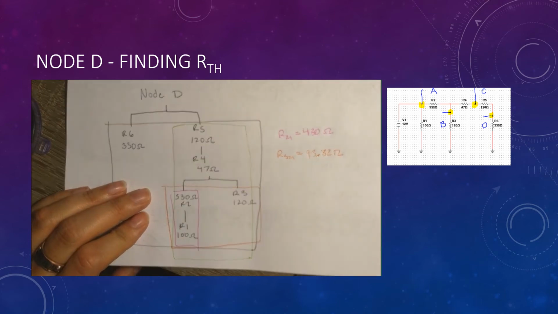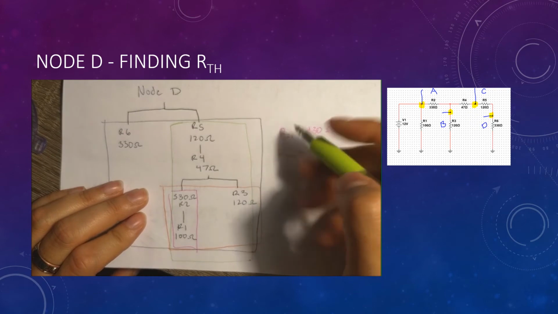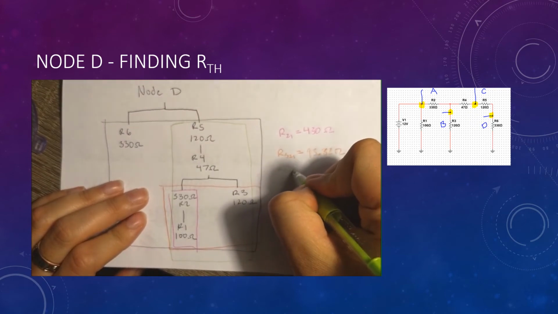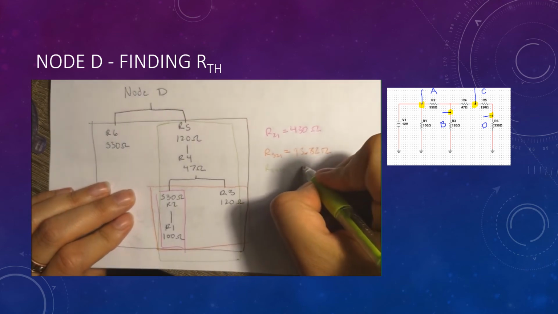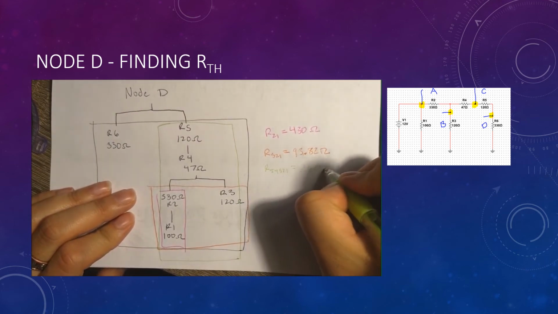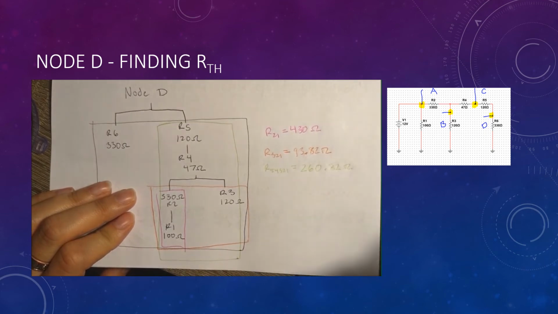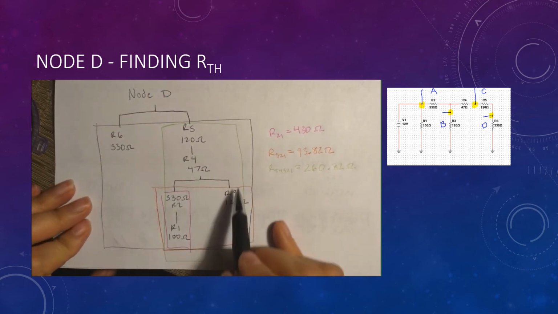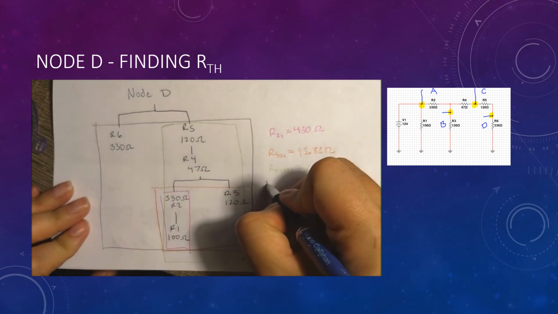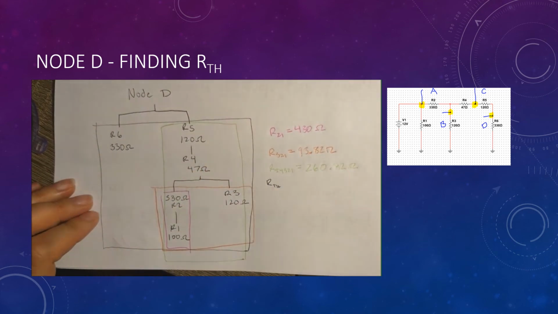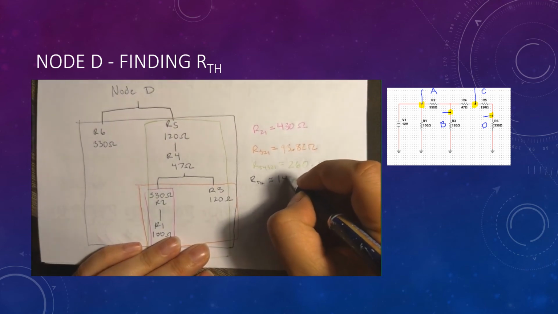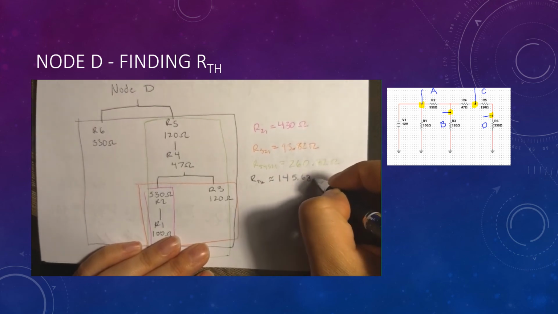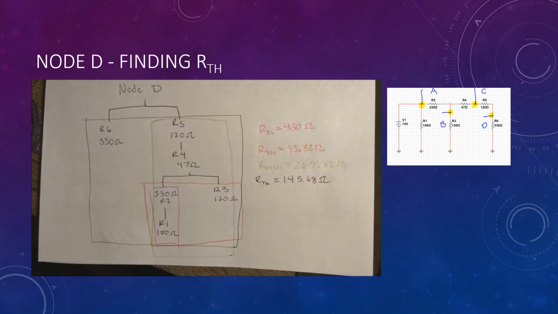Then solving R5 and R4 in series with the previous answer will result in 260.32 ohms. Using that answer in parallel with R6, we can then find the Thevenin resistance, which is approximately 145.6 ohms. Verifying this in Multisim, we can see that that was our result.